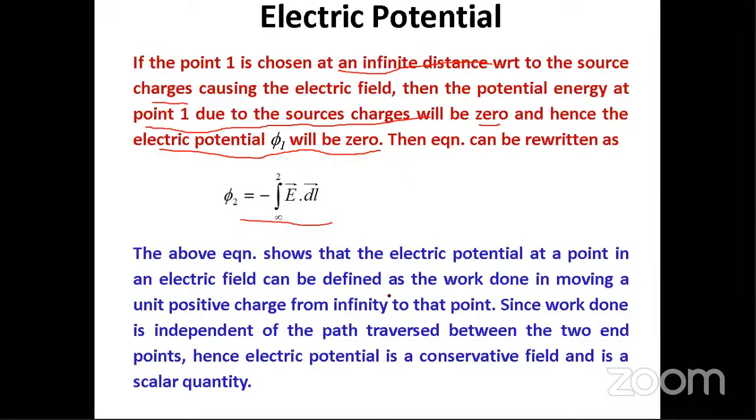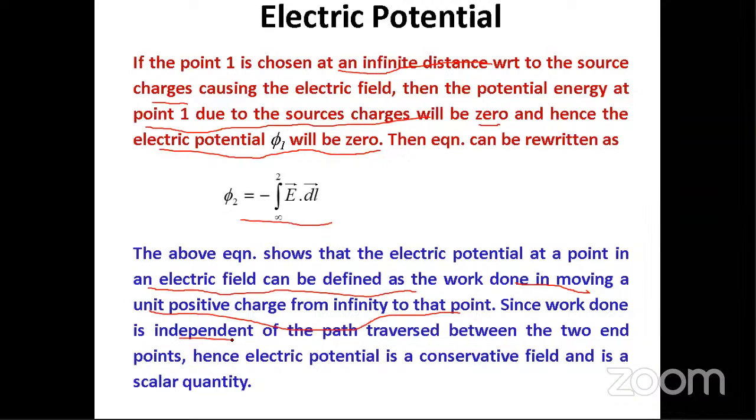This equation shows that the electric potential at a point in an electric field can be defined as the work done in moving a unit positive charge from infinity to that point. This is the basic definition that you already studied.